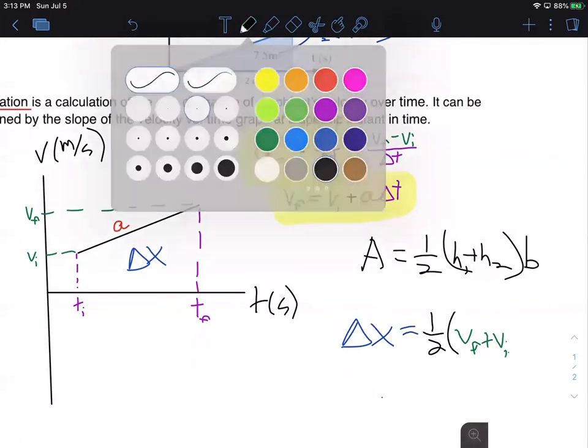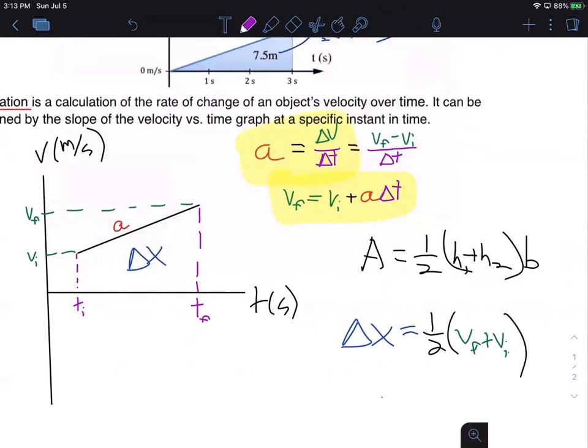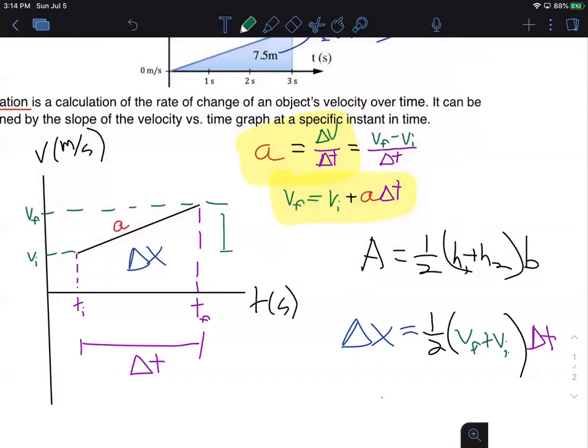You can also do vi plus vf, it doesn't matter. Math works out. And our base would be this delta t here. I guess when we did that first equation, we should have labeled, this is delta v, change in velocity. This is delta t, change in time.